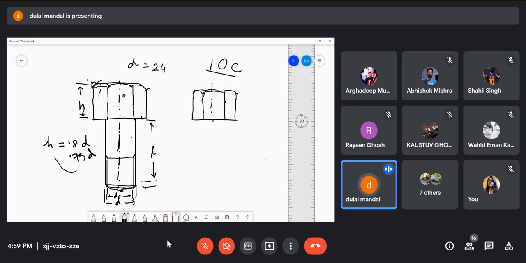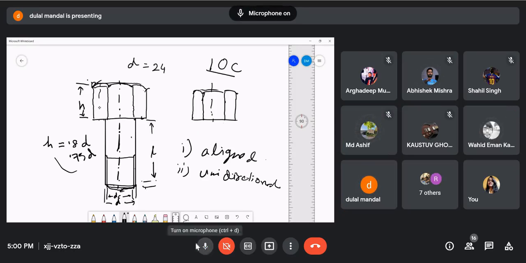What type of dimension normally you will use? Is this familiar with you? Align method and unidirectional method. Are you familiar with this? No, sir. Dimensioning.